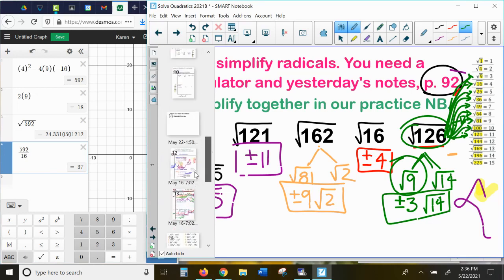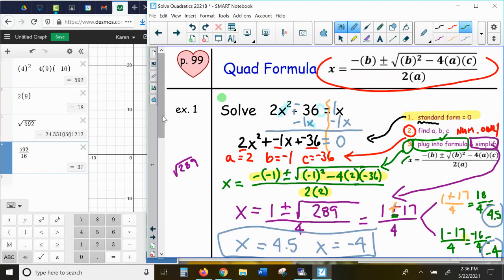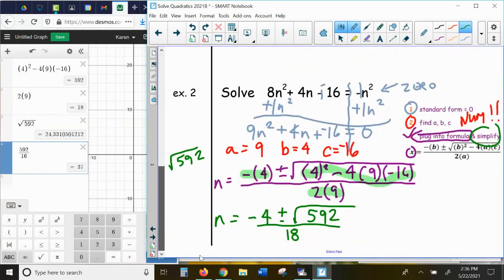Where is the screen I was on? Right here. All right. Okay, I'm down here. I'm breaking down this 592. Okay, so this breaks into a radical 16 and a radical 37. Remember, these are still under the radical because I did not take any square roots yet.